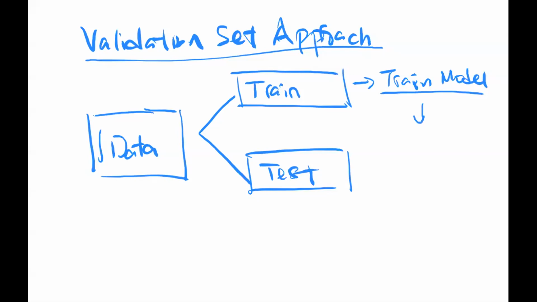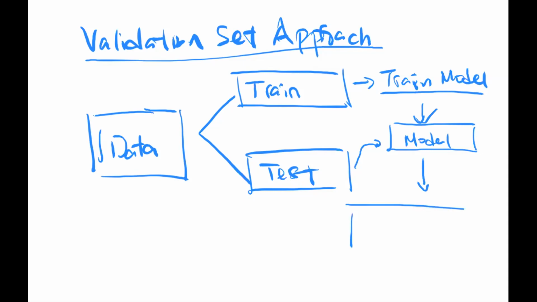Once we have the models from this training data set, once we fit the model with the data, what we want to do is to basically put in the testing data set in this model and try to see how well the model can predict the unknown data sets, right?